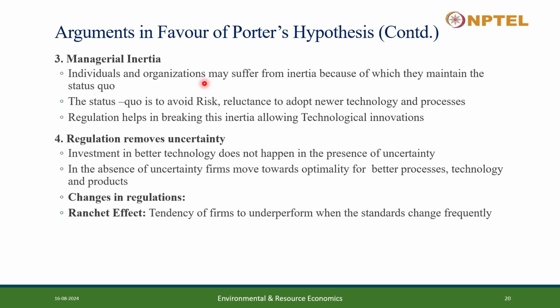This reluctance of any firm to avoid risk, or reluctance in adoption of new technology and process, will lead to a certain kind of managerial inertia. So if you impose a regulation, then this will help in breaking the inertia, allowing technological innovations or innovation in certain processes. So that is what the third point says.